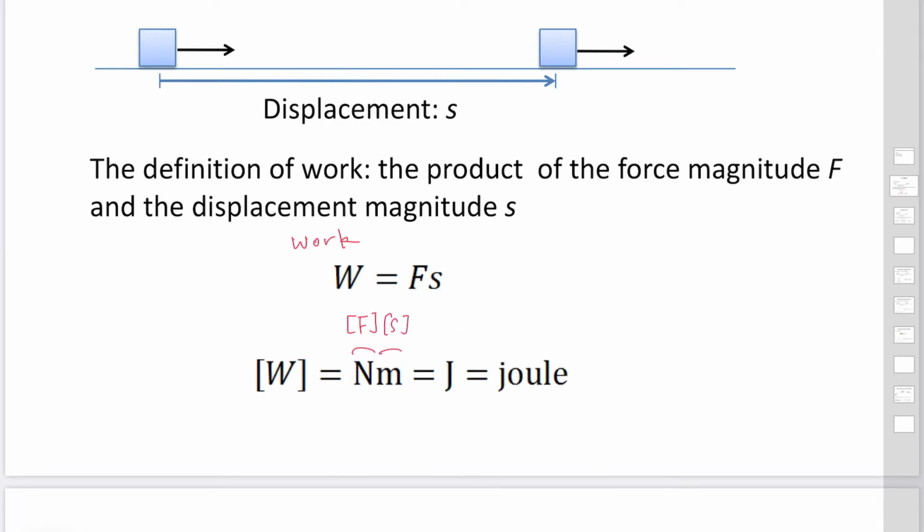So we introduce the unit of work, the joule. A joule is equal to a newton times a meter.